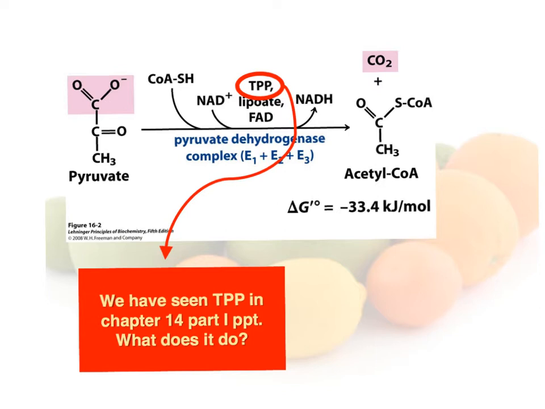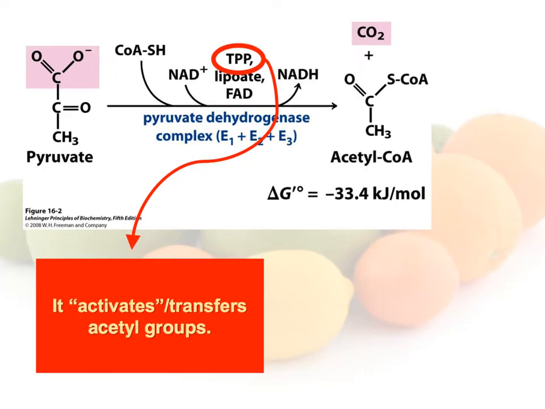Many times they're important because they activate or help with the transfer of acetyl or acyl groups. Acetyl is a specific one, meaning it only has 2 carbons. Acyl doesn't define how many carbons it has. That's why many times we'll say fatty acyl groups. But this time we can specifically say acetyl because it's acetyl-CoA that pyruvate is being turned into.